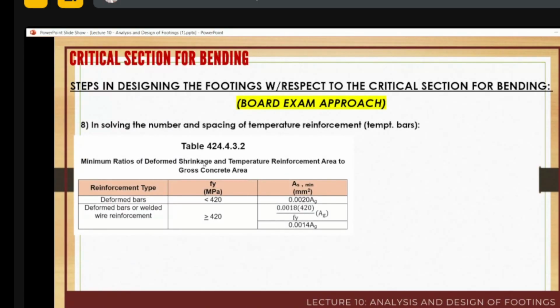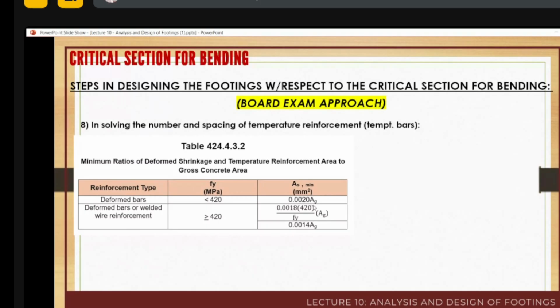And then solving the spacing of temperature bars, we have here from the NSCP our area of the temperature bars. If our yield strength Fy is less than 420 MPa, you can compute the temperature bars as 0.0020 times the gross area.